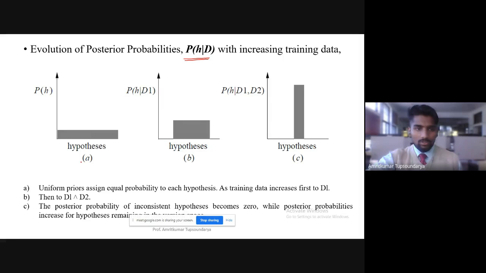Here you have three diagrams, wherein we have first the prior probability, which is the initial probability, then the probability of H given D1, and then the probability of H given D1 and D2.